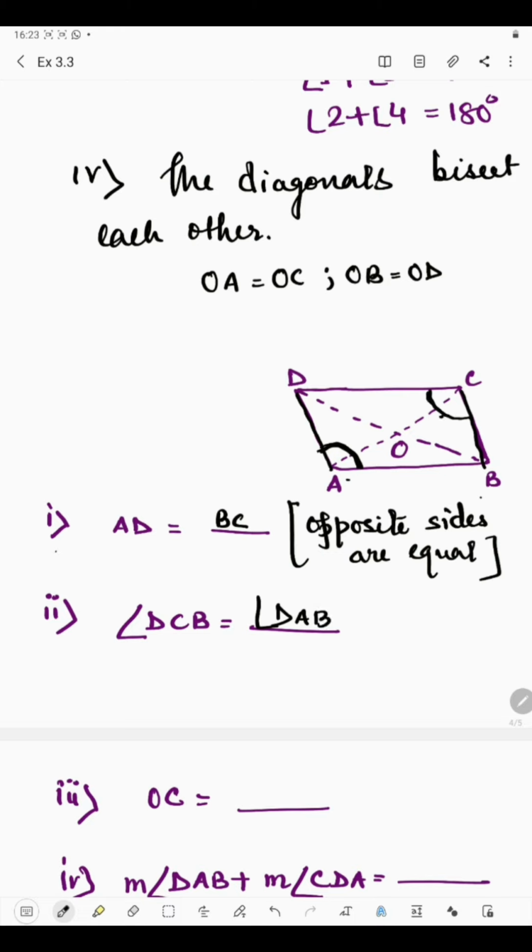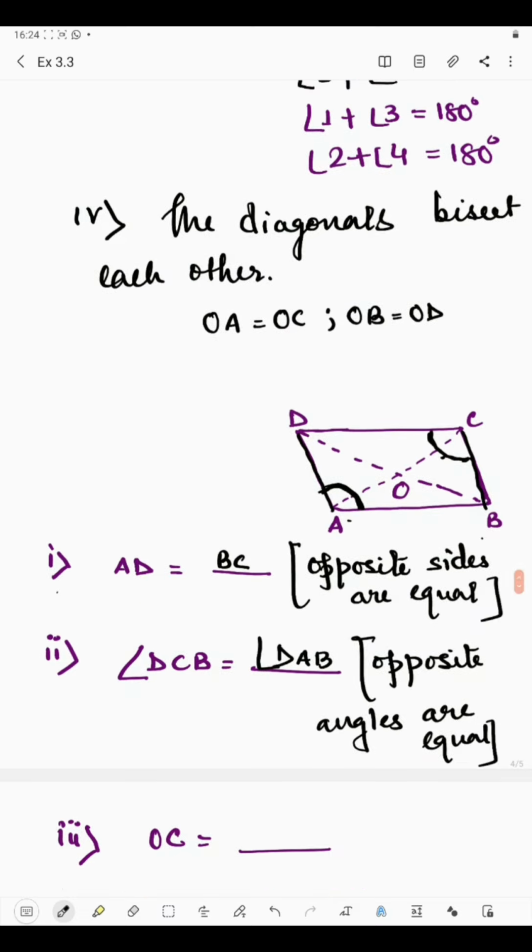So if angle C is there, then the angle opposite to angle C is angle A. Angle C means angle DCB, so the angle opposite to angle DCB is angle DAB. So we'll write opposite angles are equal.